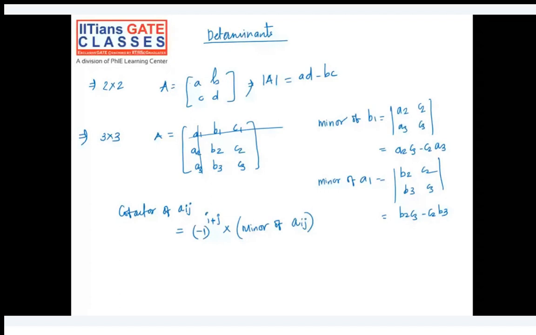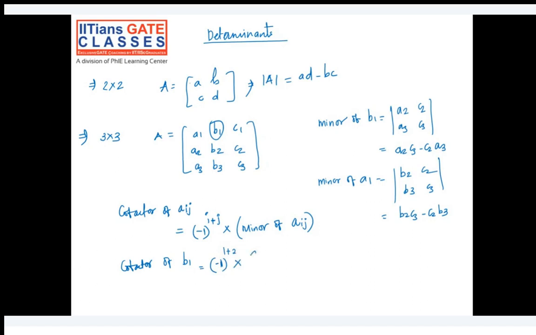So for example, what is the cofactor of this B1 term? Cofactor of B1 will be equal to minus 1 raised to the power first row and second column, so it is 1 plus 2, into the minor of B1 we already calculated, A2C3 minus C2A3, right? Like this. I hope you understood how to calculate minor and cofactor.